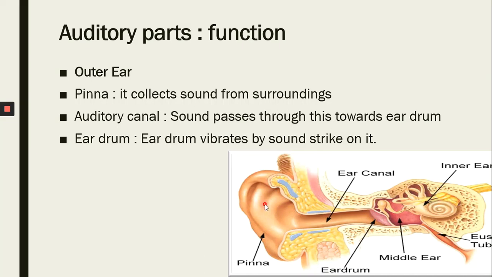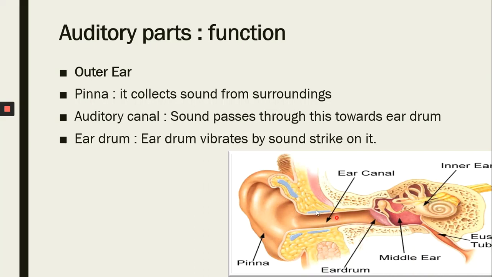When it collects the sounds, it sends them through the ear canal, and all the collected sound moves through this canal and strikes the eardrum. The eardrum is at the end of the ear canal.